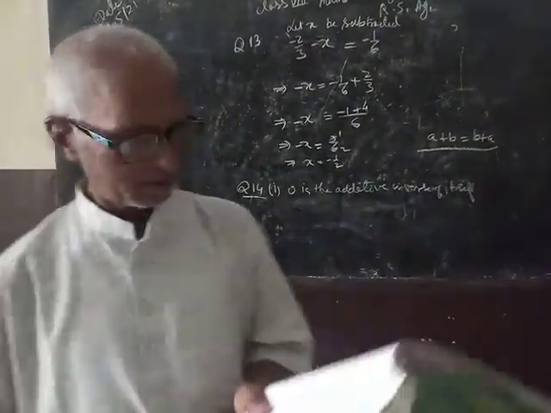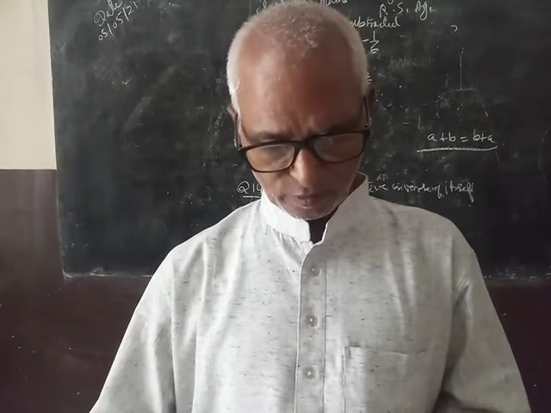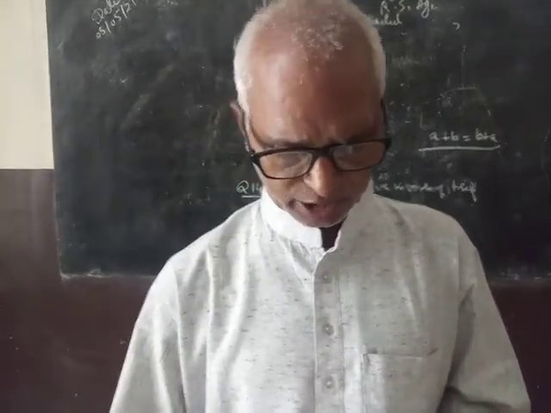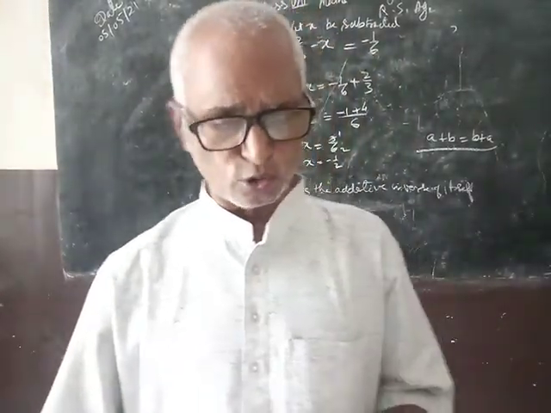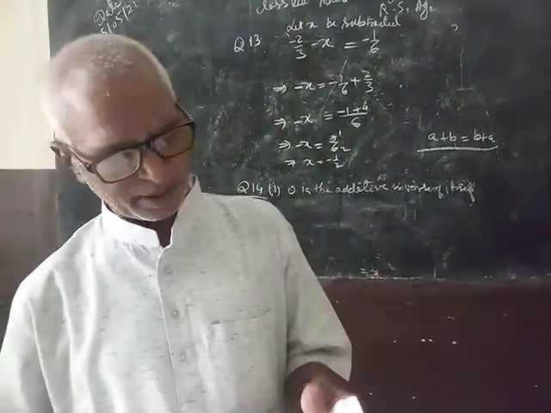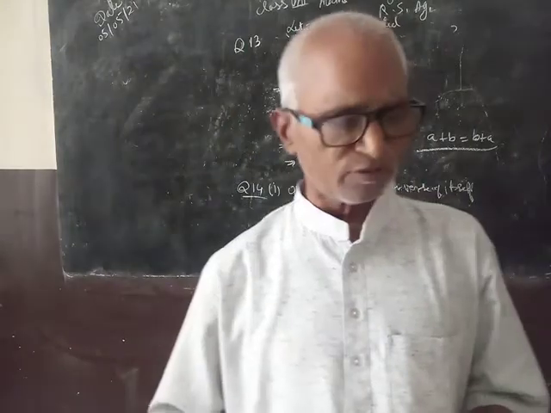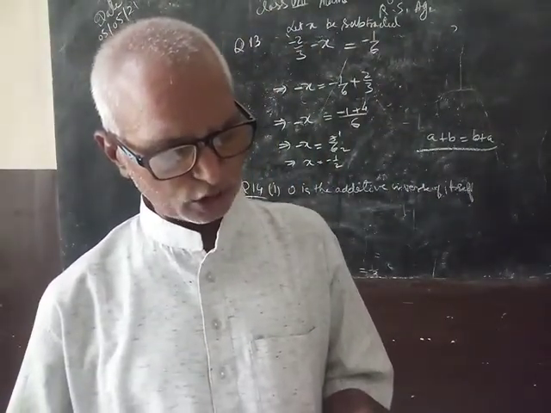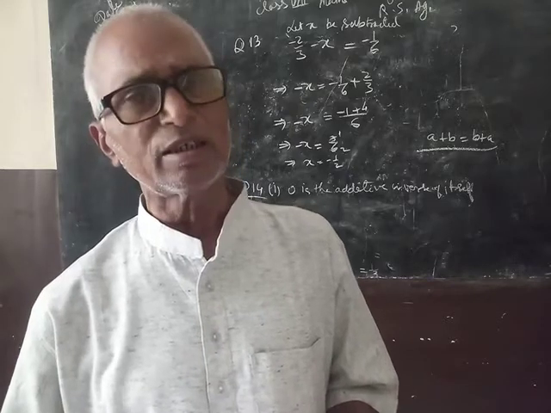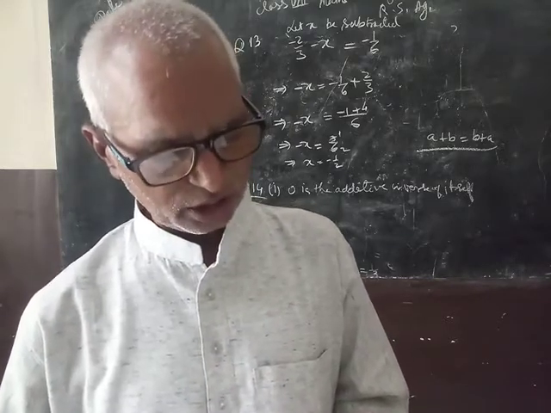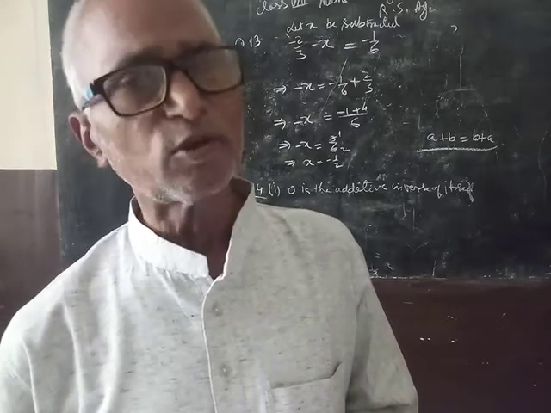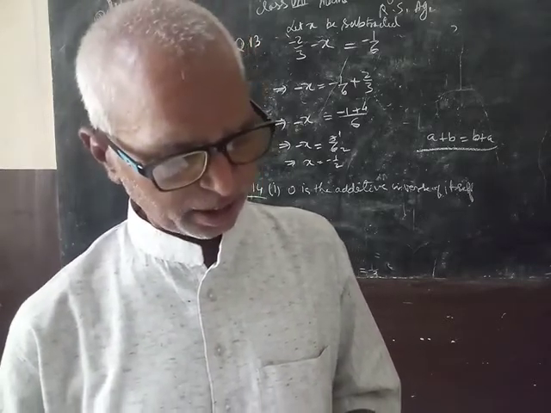So we did the first 3 parts. Fourth part is: is addition associative on rational numbers? Yes, it is also true, and examples are given here in question number 4. You see 3 by 4 plus minus 2 by 5, means a plus b in bracket plus c is minus 7 by 10 is equal to 3 by 4, that is a plus in bracket b plus c.